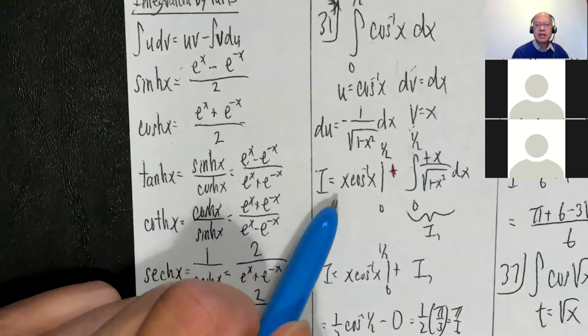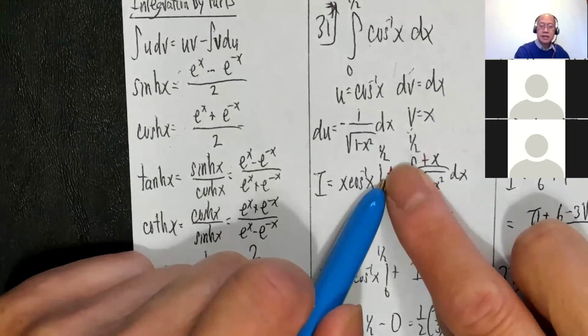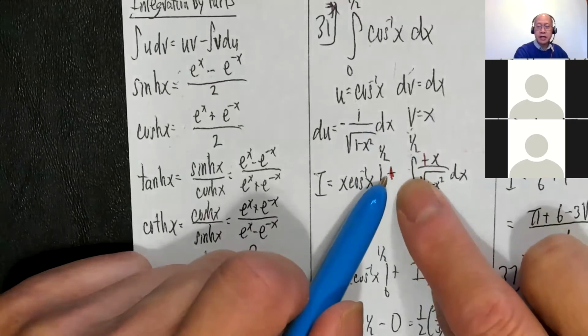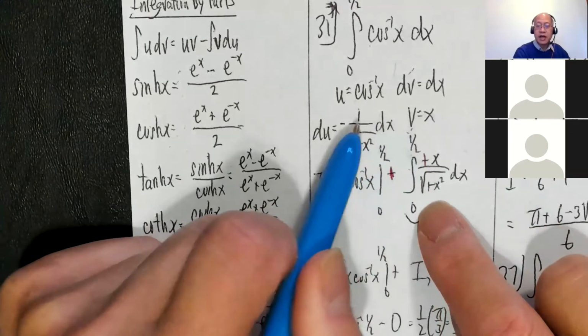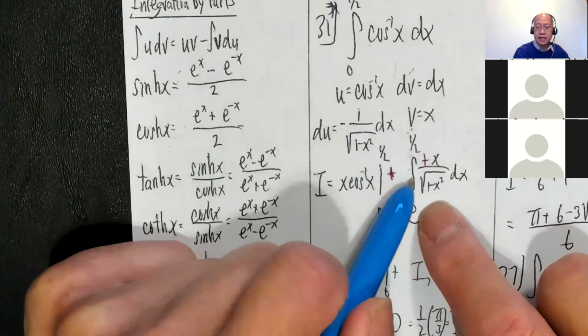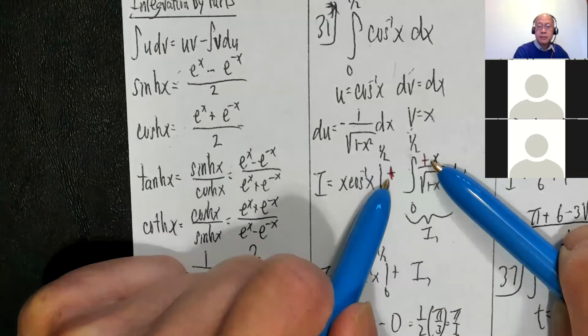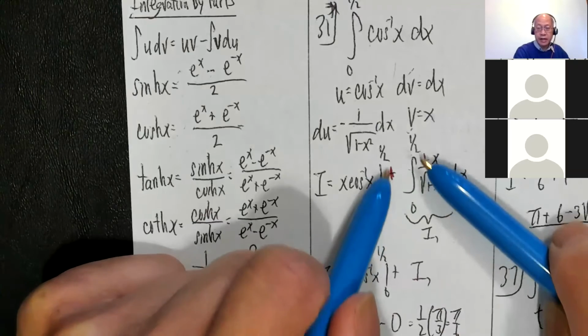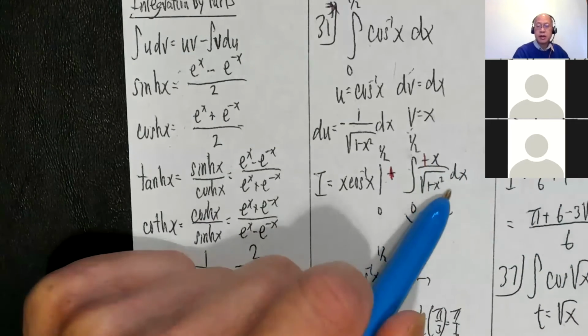So I is uv, x inverse cosine x, minus, okay, so pretend it's a minus sign. There's a reason why I changed it. Integral of v du. v du has a negative 1 times x. So pretend these are both negative. And then in red, I don't know if you can see the red, I quickly change it to positive, over radical 1 minus x squared dx.